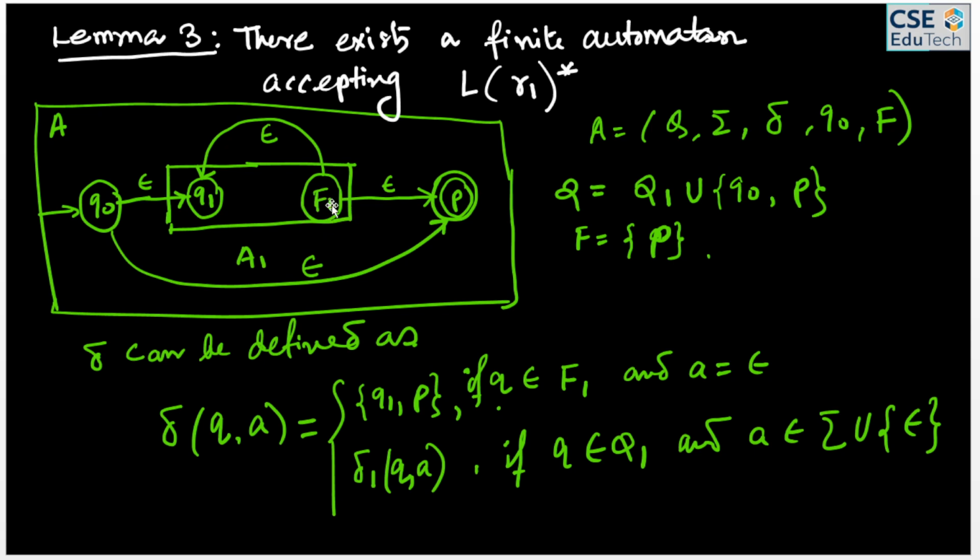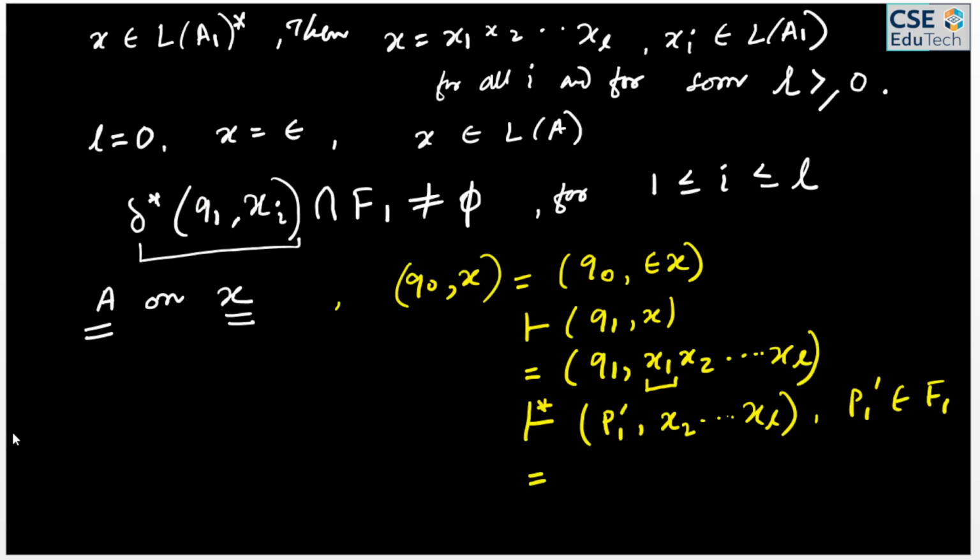So from this state p1 dash, after epsilon moves you go to q1 state. So we can write p1 dash, epsilon, x2 up to xl, meaning clearly that there is an epsilon move.